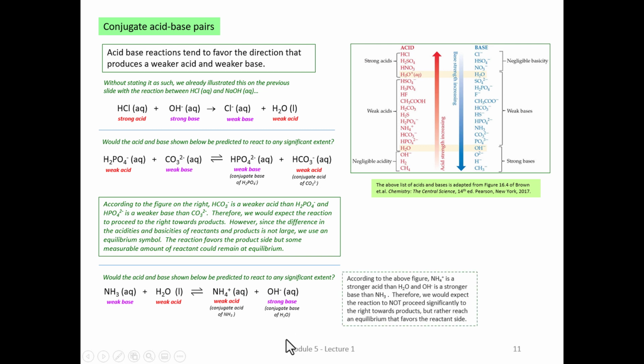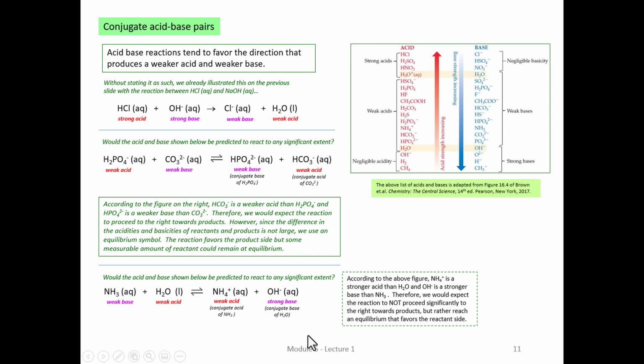So what would we say? Well, according to the above figure, I think you know what's going to happen here. The ammonium ion right here is a stronger acid than H2O. Just remember, the stronger acids are on the top.